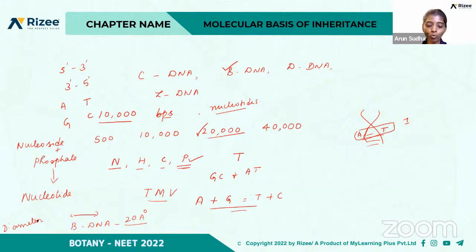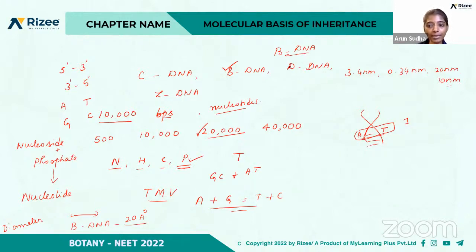The length of one loop of B-DNA is 3.4 nanometer, 0.34 nanometer, 20 nanometer, or 10 nanometer. One loop in the sense that is one turn, right?